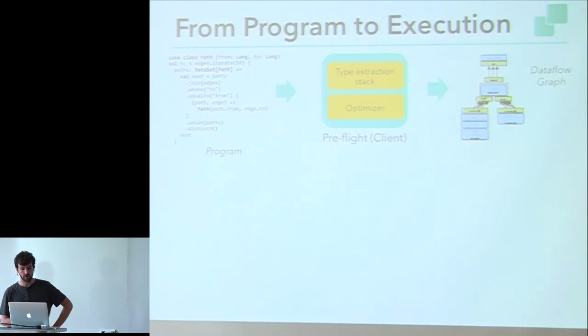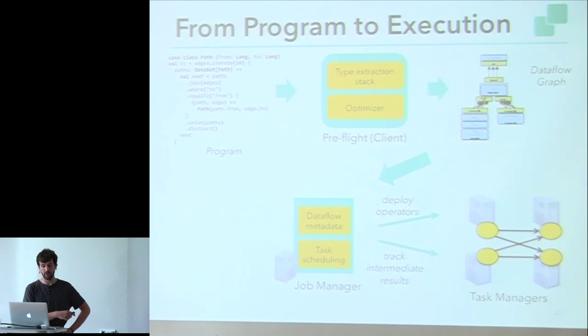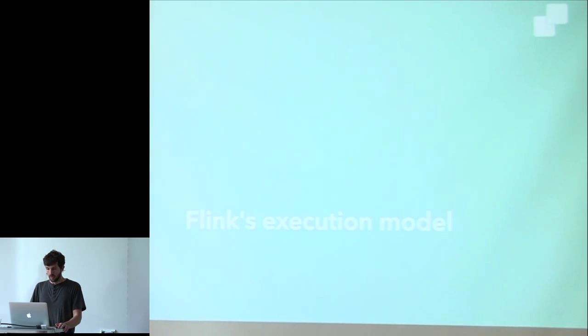It generates the data flow graph and hands it on to the job manager. The job manager takes care of the whole execution and the scheduling, and the task managers do the actual work. Okay, that was a really rough overview of what Flink's architecture looks like.